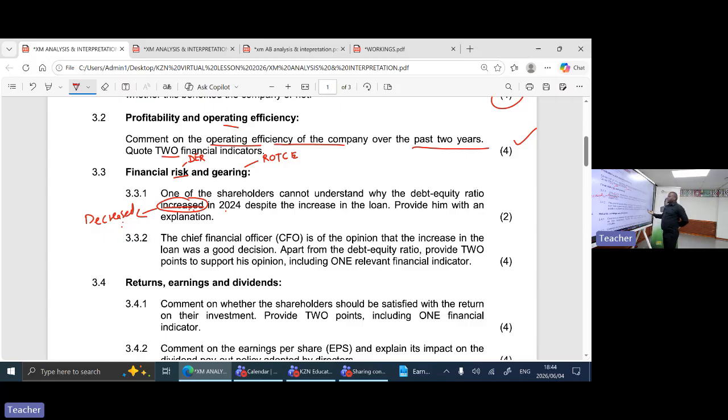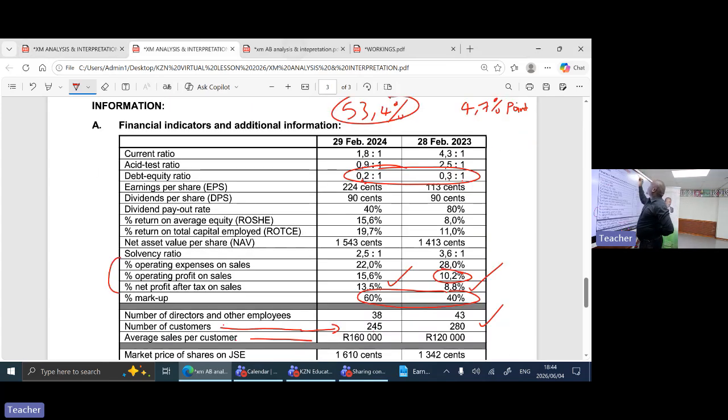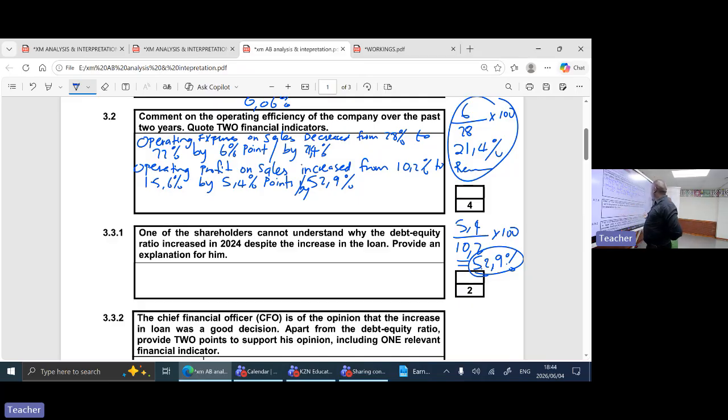With a loan increase we would expect the debt equity ratio to increase, but in this case it decreased. Provide him with an explanation. This is because of an increase, for example, in the property, or it may be because of the increase in shareholders' equity.